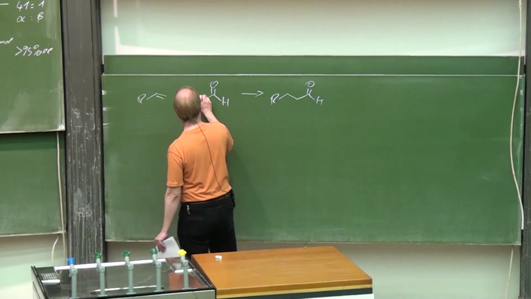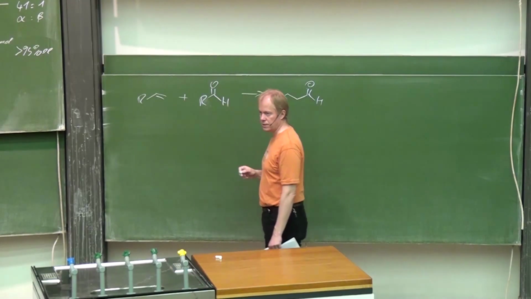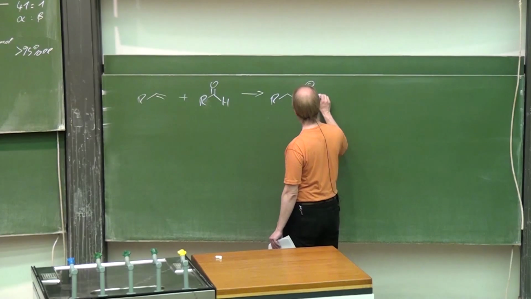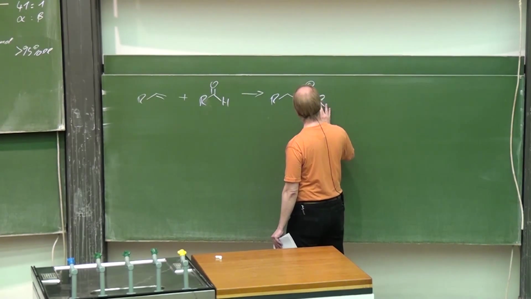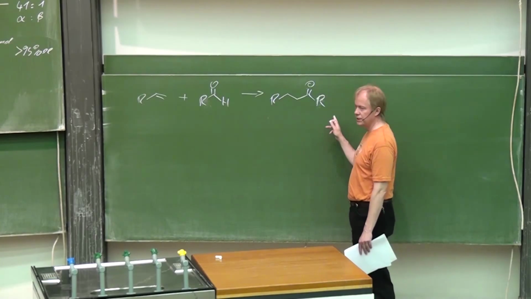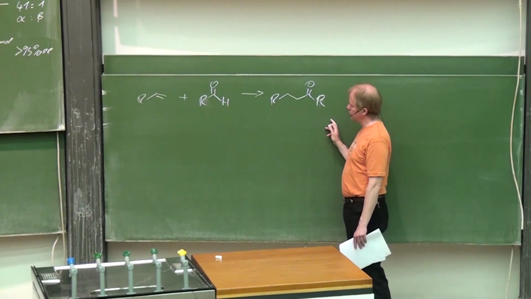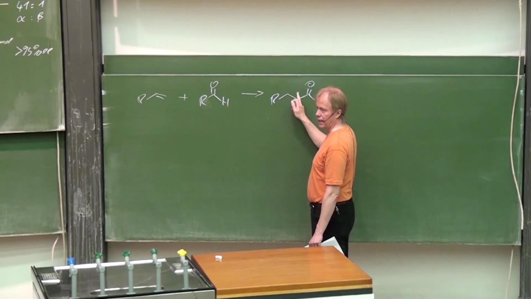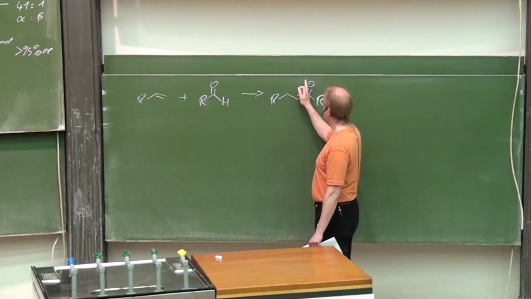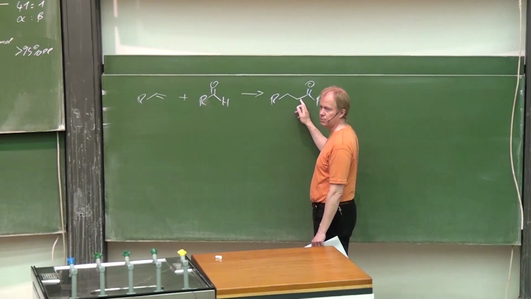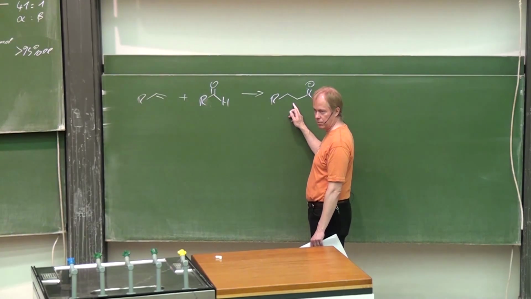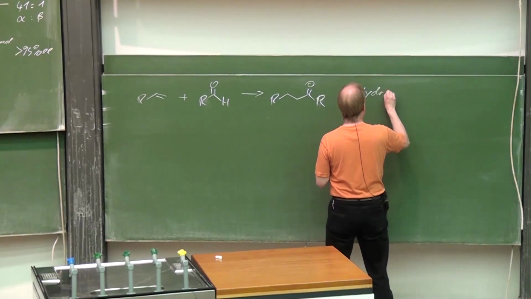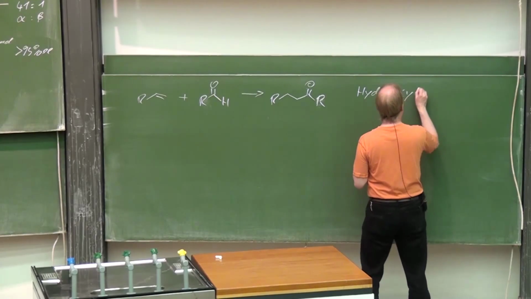But what about having another aldehyde, just an aldehyde? This type of reaction then would produce a ketone. So, what has been done? A hydrogen and an acyl group has been added to the double bond. So, this is then called a hydroacylation.